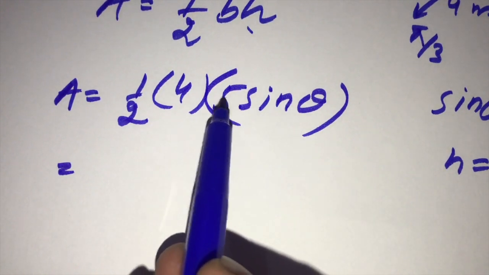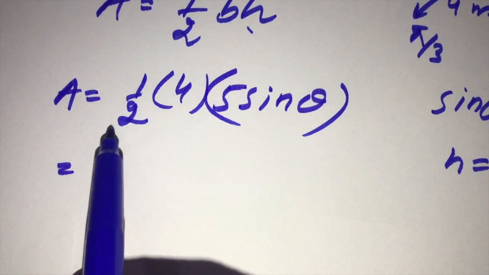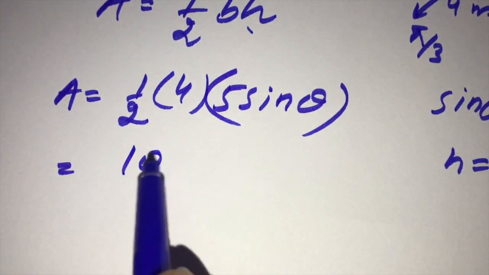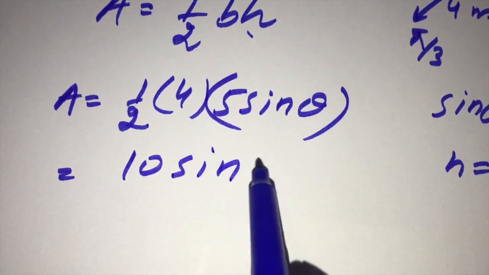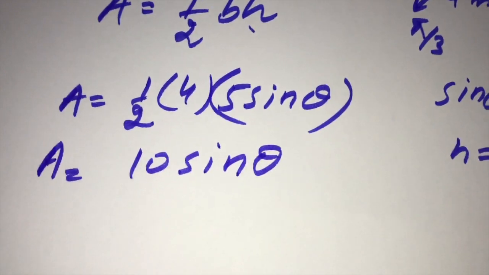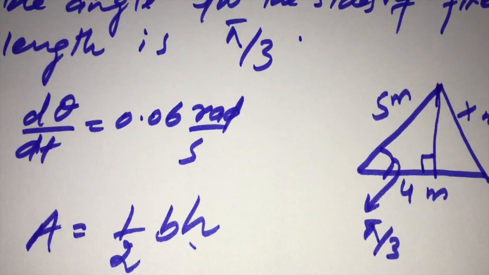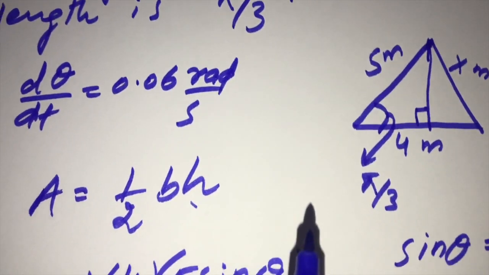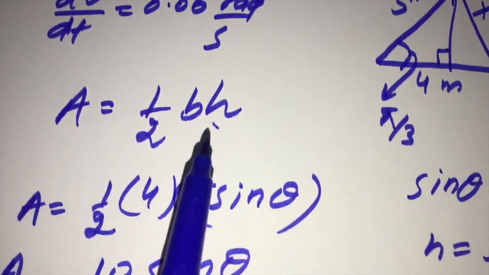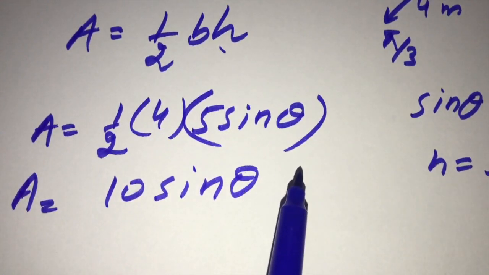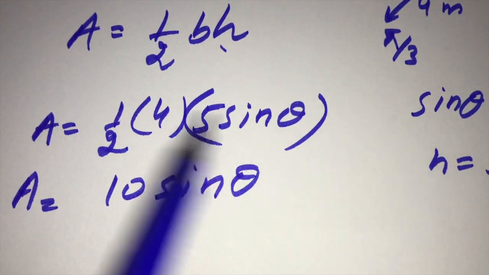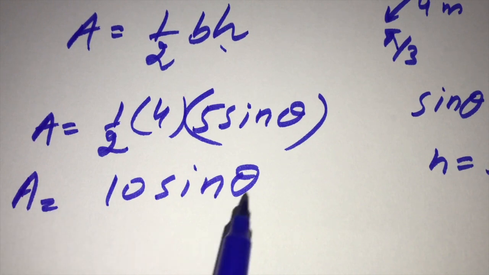By simplifying this, 5 into 4 is equal to 20, divided by 2 is equal to 10 sine theta. Now you can see that we are left with the relation of area with only theta, and we are also given d theta by dt. So that's why we convert h into sine theta.